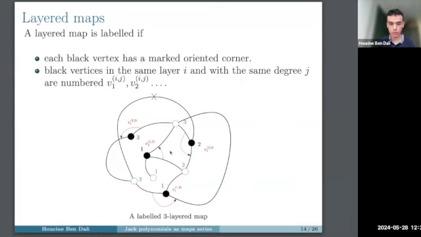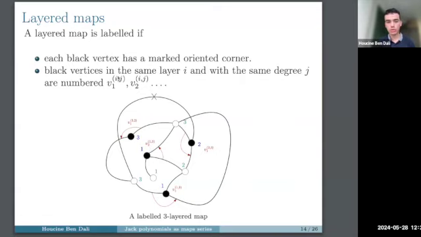Let me give an example. If you look at i equals 1 and j equals 3, we have 2 black vertices in layer 1 with degree 3. These vertices are numbered 1 and 2. So it's just an order on vertices in the same layer and with the same degree.